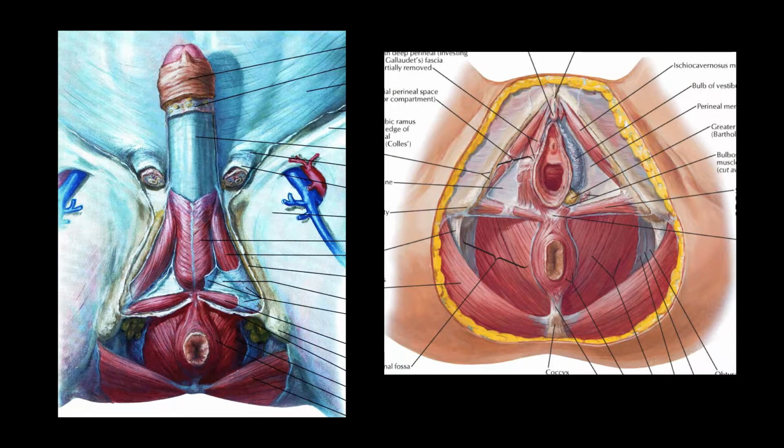Now here we're looking at the urogenital triangle. We're looking at the two structures side by side, the analogous structures from different types of body, seeing how they are very, very similar. The urogenital triangle is best seen in the right-hand picture, in the picture with the vagina. And this was mentioned in the other video, the other pussy power video, where we really go into depth about the pussy.